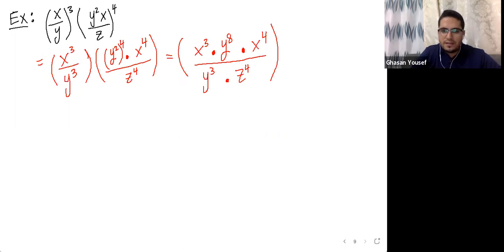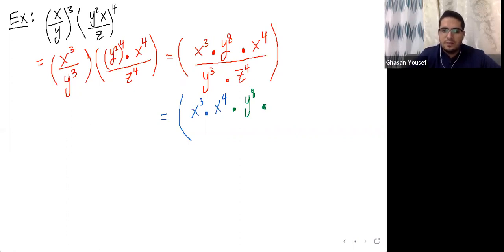Now we're combining the similar terms to each other. Here is x to the 3 times x to the 4, and y to the 8 times y to the minus 3.